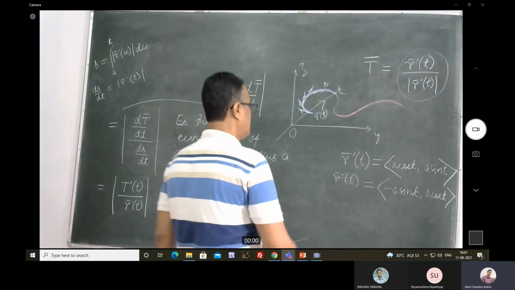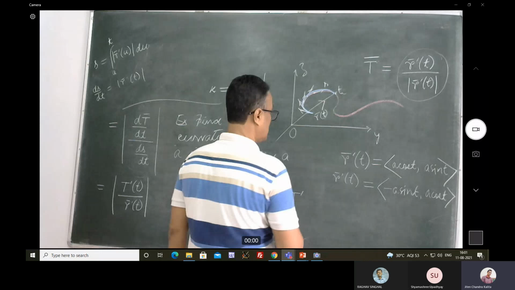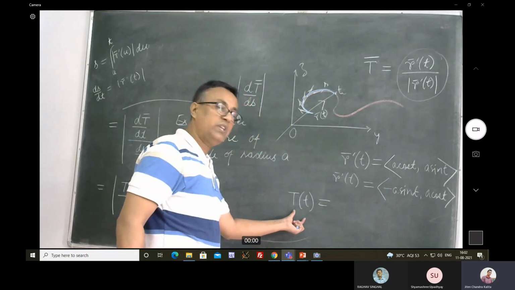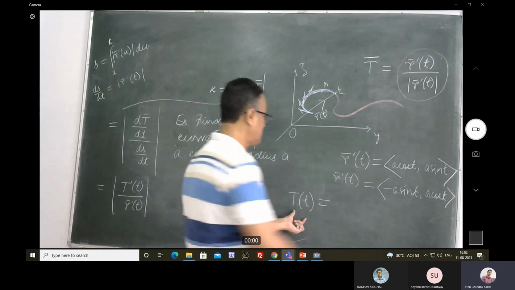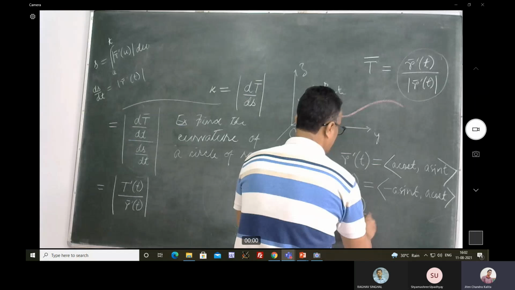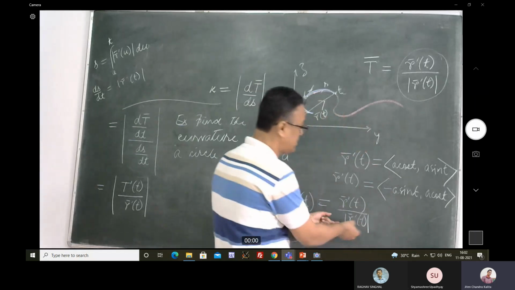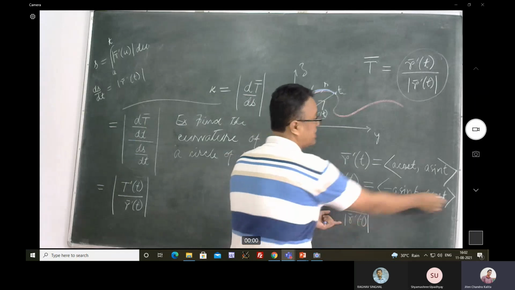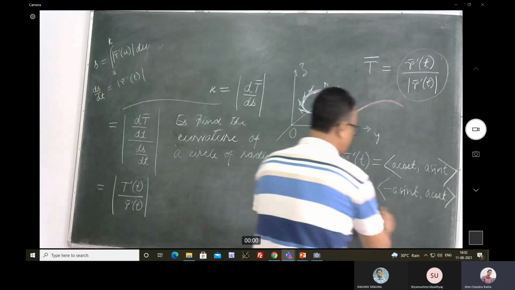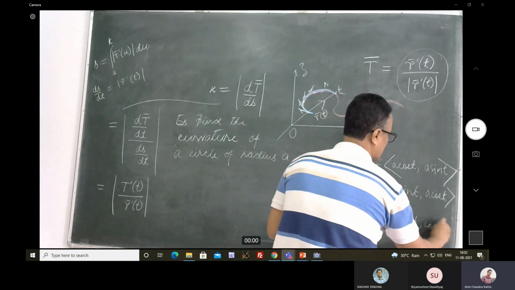And the unit tangent T(t) is simply r prime t divided by its magnitude. Its magnitude is simply going to be a, isn't it? So if you divide by a, this is simply minus sin t, cos t.